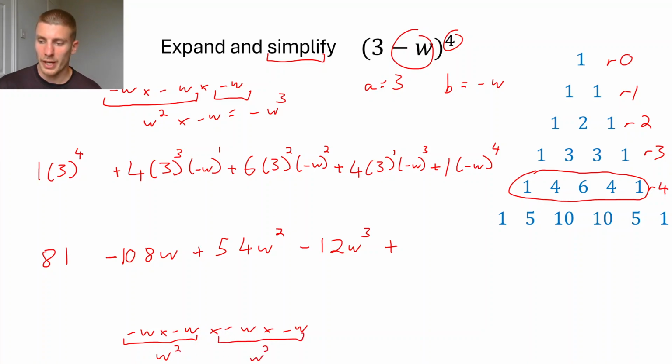That will go to w squared, and w squared times w squared gives you w to the 4. You add the powers if you're multiplying with the same base. So you've got plus 1 w to the power of 4. And this is your answer. Okay, this is your answer expanded and fully simplified.